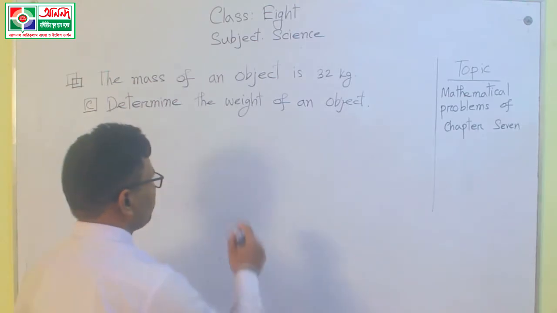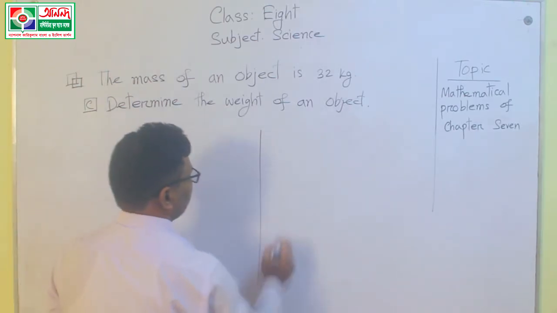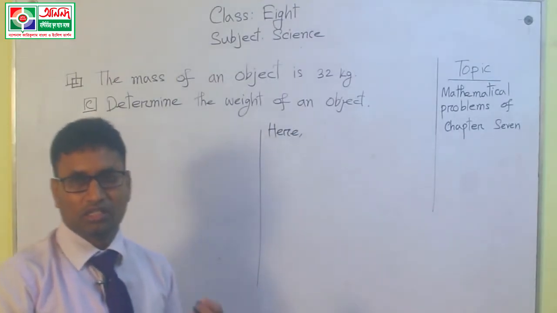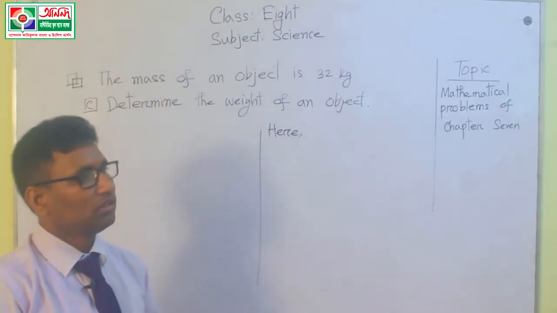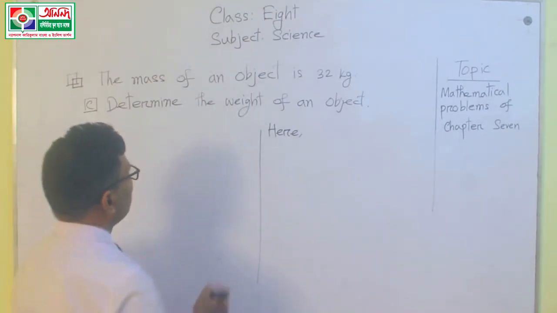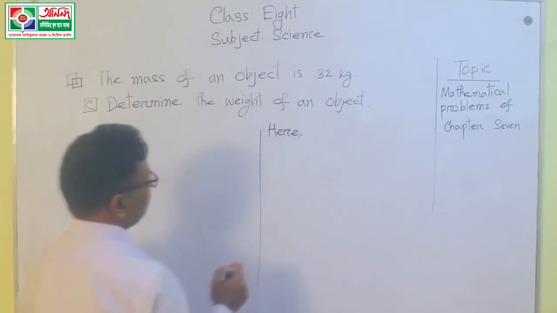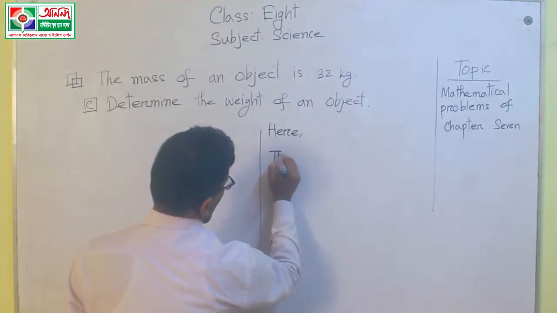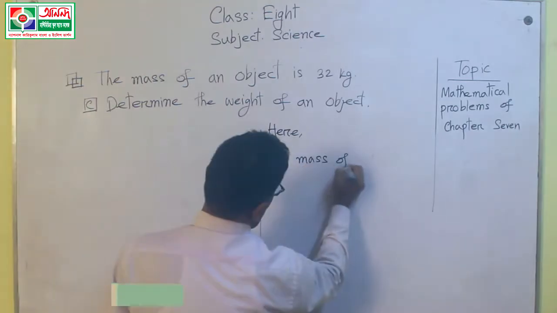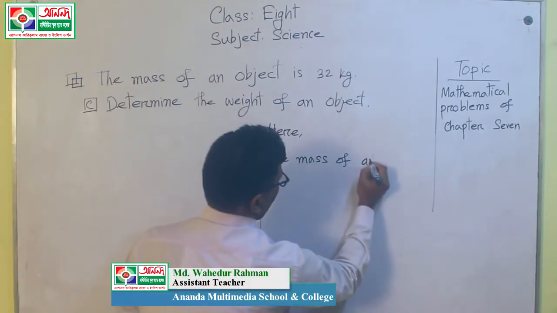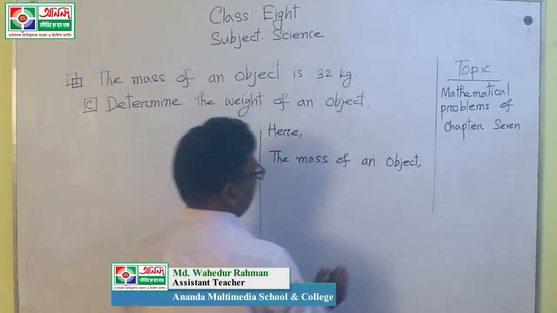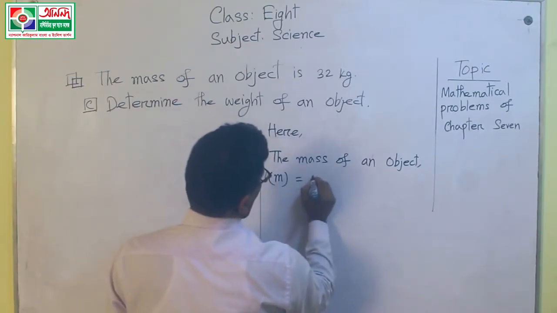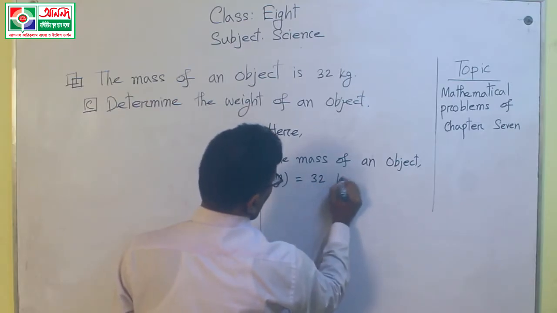At first, we find out the different quantities from this statement. The mass of the object is small letter m equal to 32 kg.